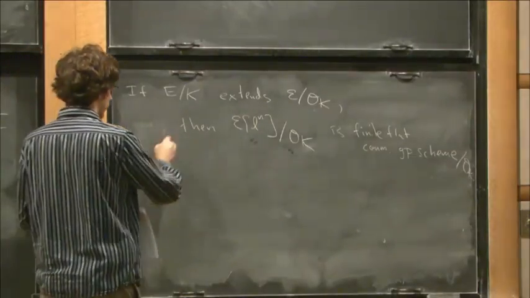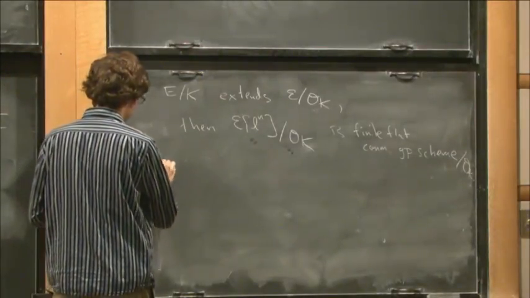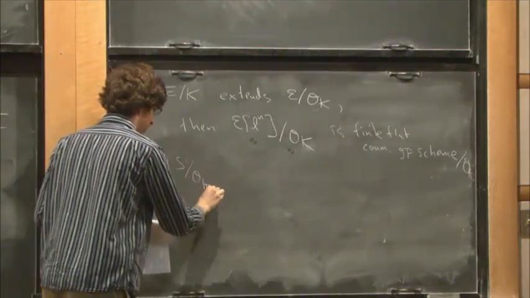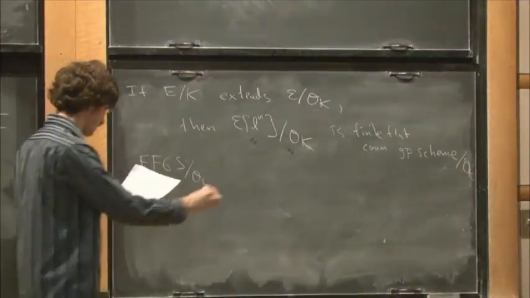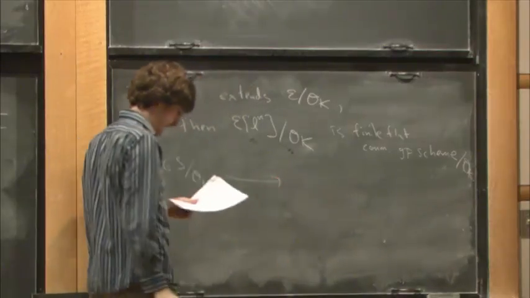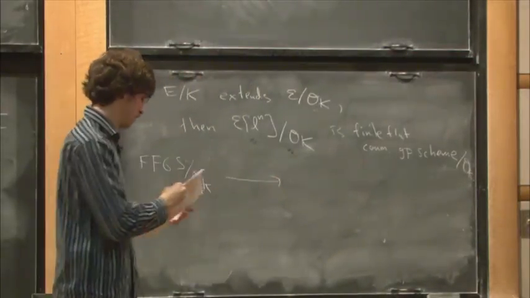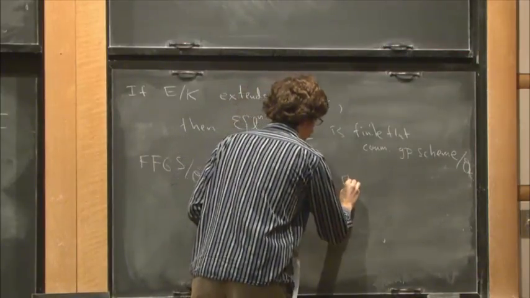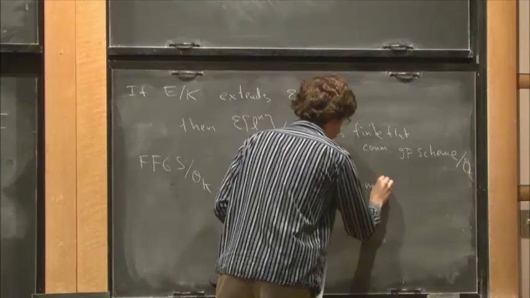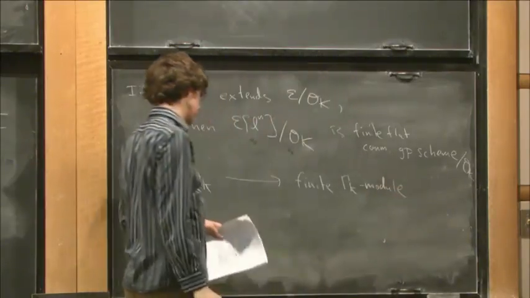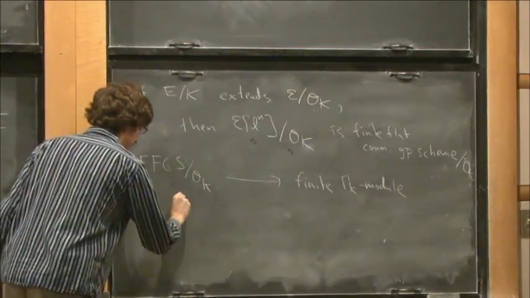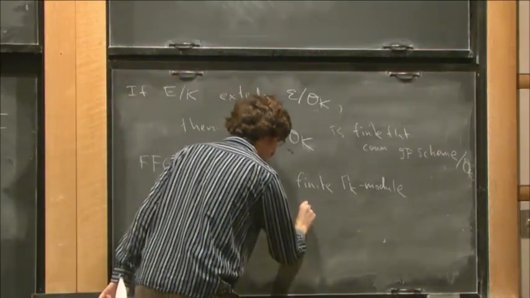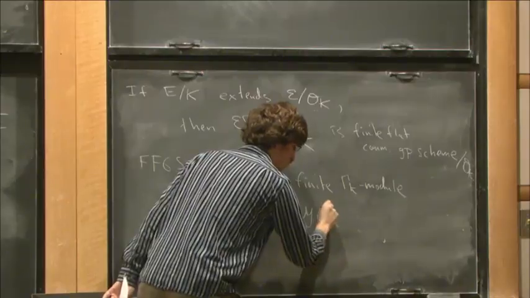And so if you want, we can consider all finite flat commutative group schemes. So always commutative. And associated to any one of these, we get a Galois representation. If I take one of these, I just consider its k-bar points with the Galois action.